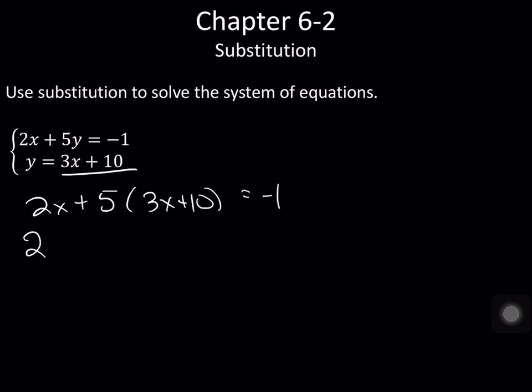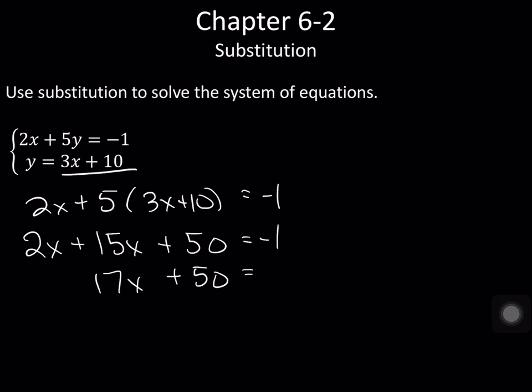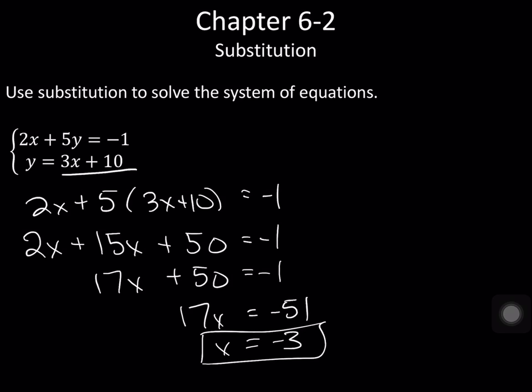Okay. Distribute the 5. The x's go together. 50 moves to the other side. Divide both sides by 17. And x equals -3. Take that x all the way back up here to the top.